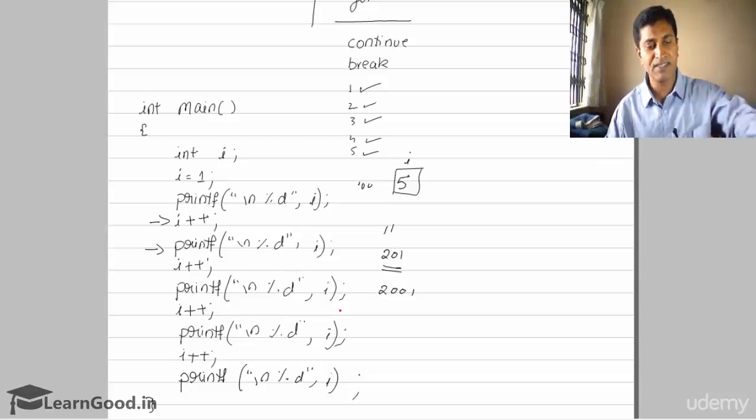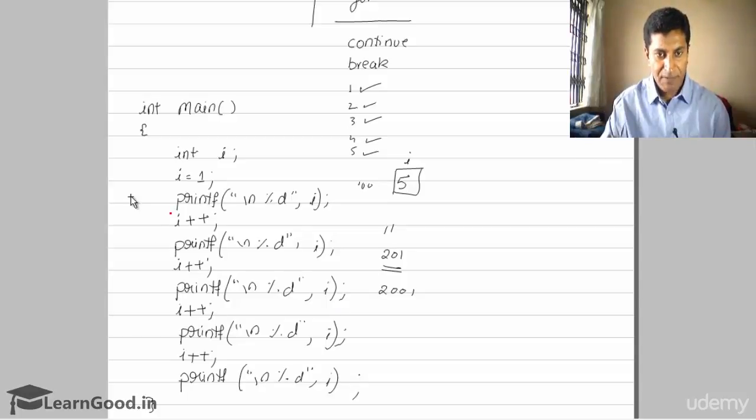But if you observe here, this I plus plus and printf are getting repeated more than once. So you can take these 2 lines, printf I and then I plus plus; they are getting repeated more than once.